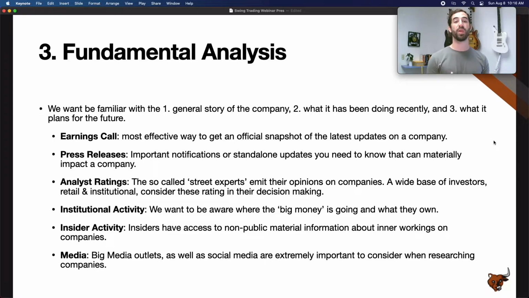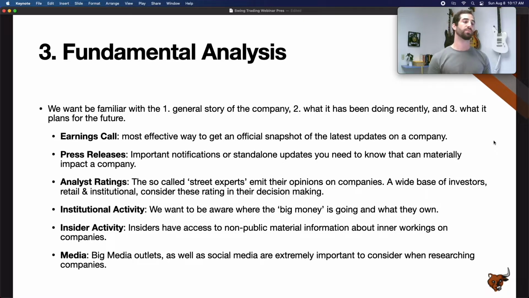Okay, so we want to know what everybody is looking at and what the experts are saying. Okay, not necessarily so that it influences our decision making, but so that we have awareness. Okay, we have awareness in the entire context of the trade that we're analyzing, and we want to know what everybody else is looking at.